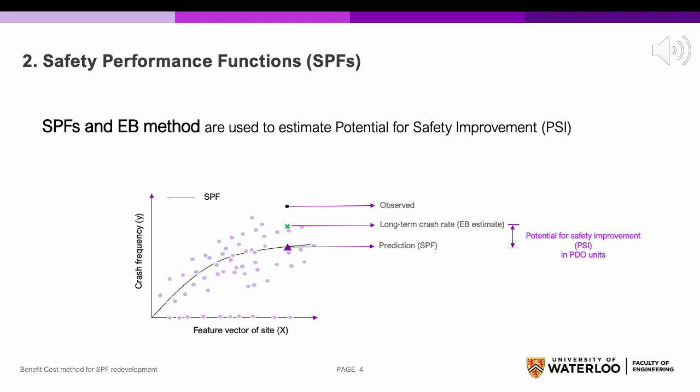PSI is usually estimated in property damage only crash units, which we usually call PDO units. And higher PSI basically means there is more potential to reduce crashes by implementing more safety audits or safety improvements.